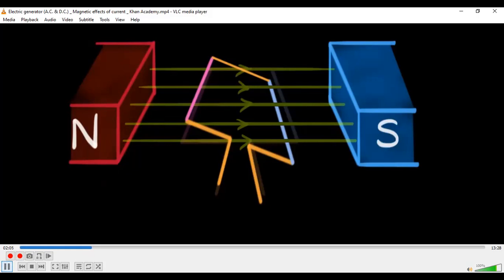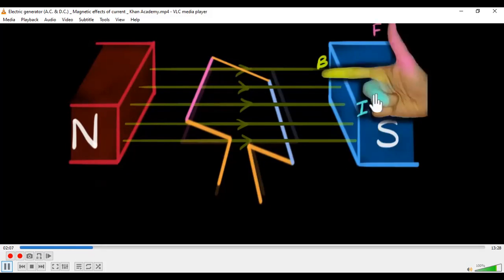It says, stretch the fingers of your right hand. Here you can see a right hand is shown. The thumb shows F for force, or we can say the rotation. Whatever the direction of movement of the conductor, it is represented by F, meaning force, or rotation direction. This is the direction of the magnetic field, B, the flux density.